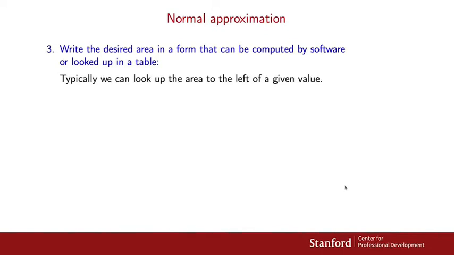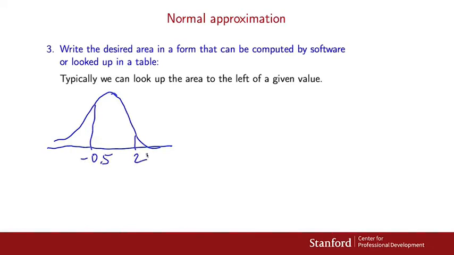Typically, we can look up the area to the left of a given value. In our example, we were interested in the area between negative 0.5 and 2. Since software can give us only the value to the left of a number, we have to rewrite the whole thing accordingly.